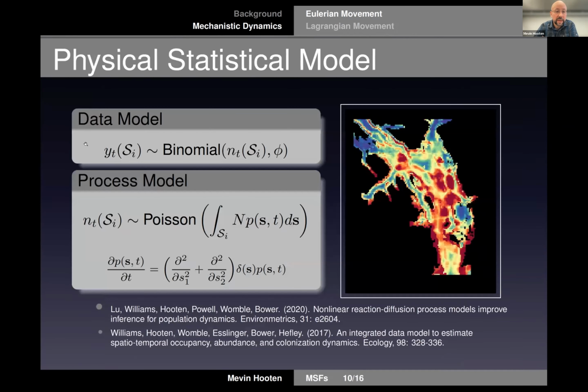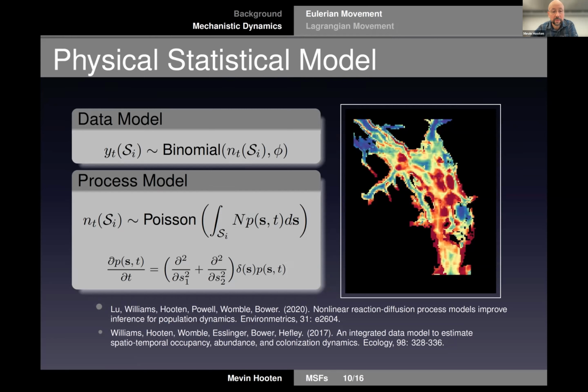And one way we've done that is think about y here, totally different y than the last one, as being a count at time t in some survey region, script S_i, which would arise from, for example, a binomial that has an underlying abundance process N_t and some detection probability phi, and that N_t arises from, let's say, a Poisson process underneath that has an integrated intensity. That intensity is the space-time dynamic process of interest.